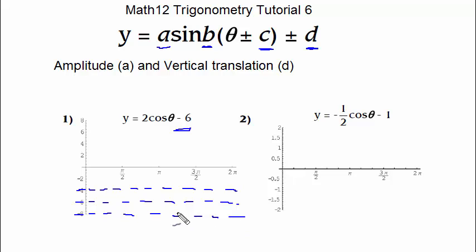So we just draw the normal cosine function, and we're done. The cosine function starts from the highest point, goes down, reaches the minimum at pi, then goes up and reaches the maximum at 2 pi. And that's it. I will explain why in 1 minute.